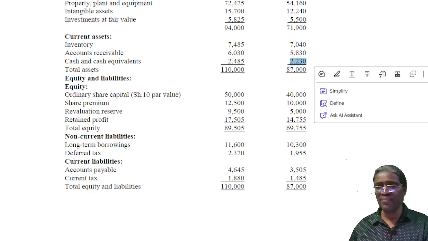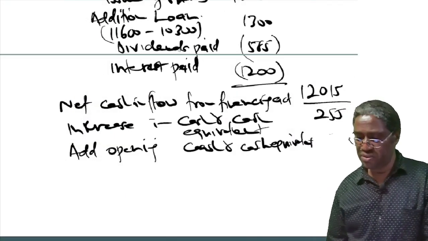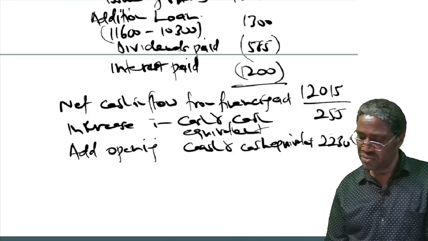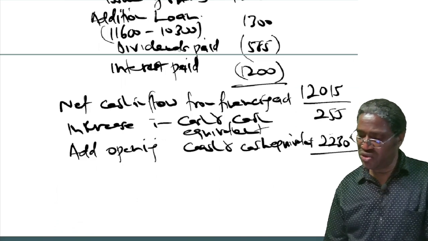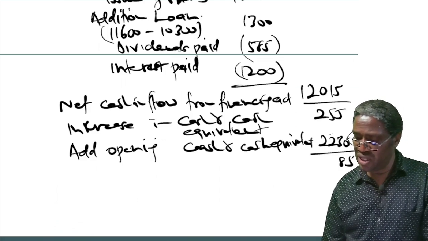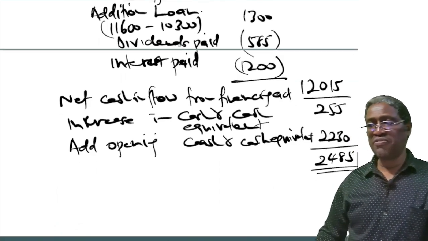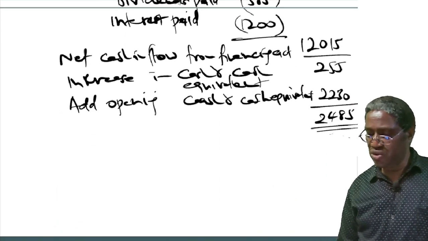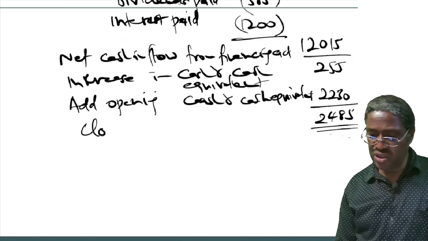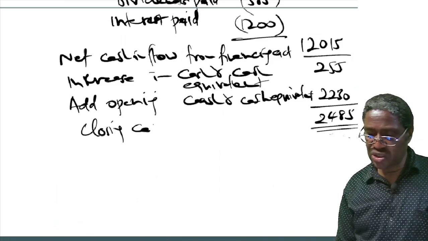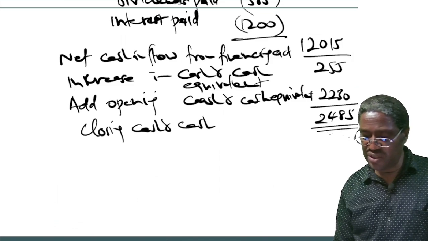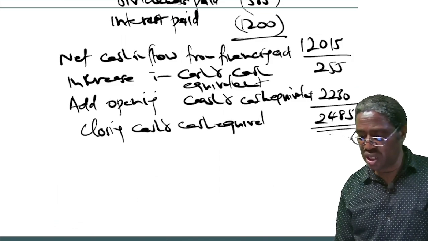Are you seeing it there? Good. Get the totals. That looks like 2,485. That being the total, you call it closing cash and cash equivalent.